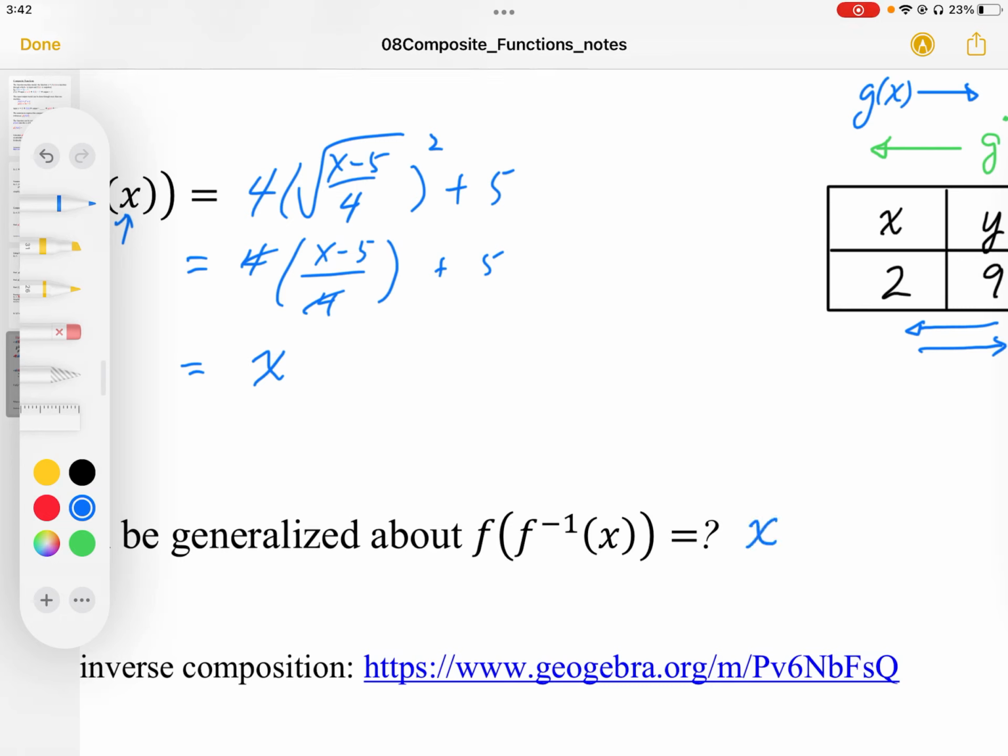In this case, it's going to be x. If I started with A, I would end up with A. If I started with 5, I'd end up with 5. Whatever we start with, we end with, because of the nature of inverse and the original function. Okay, so this is going to be equal to x.